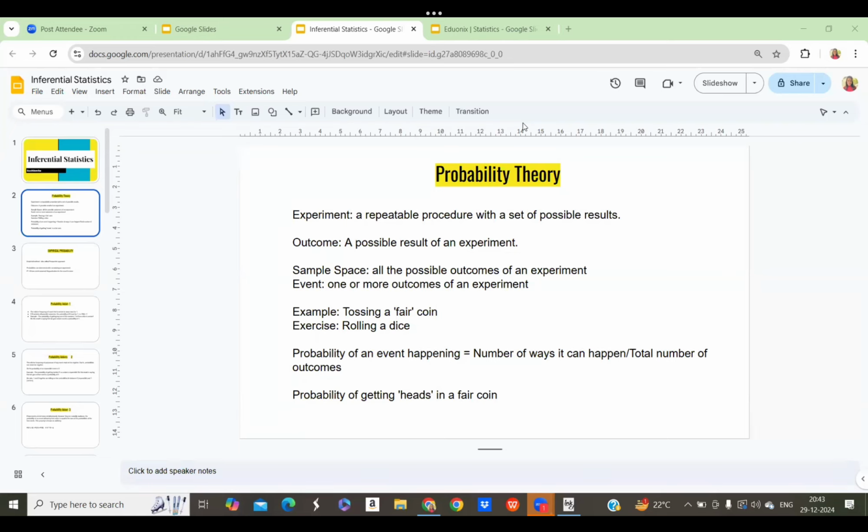Now, can you tell me the definition of probability over chat? Whatever you understood, write that. What is probability?